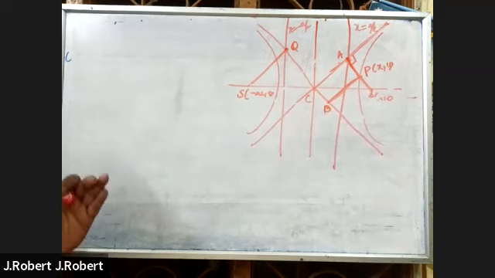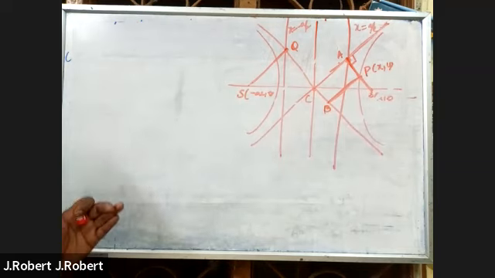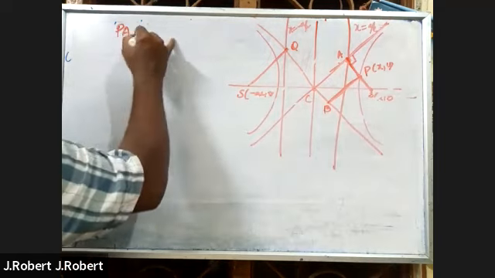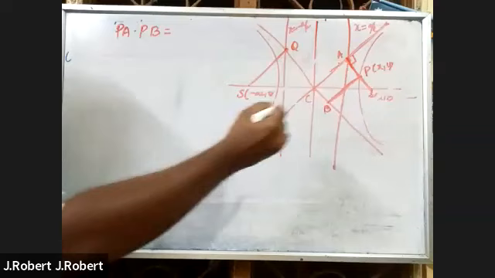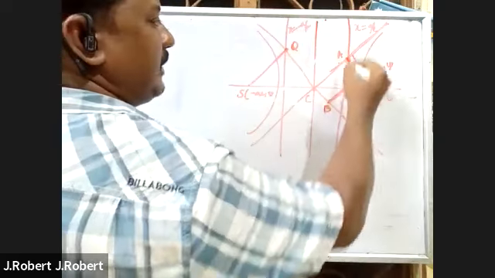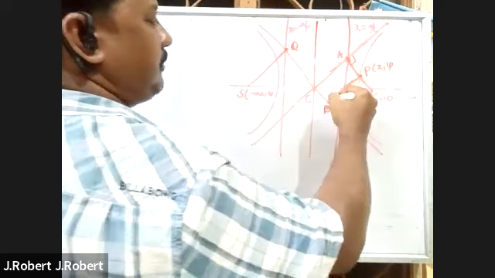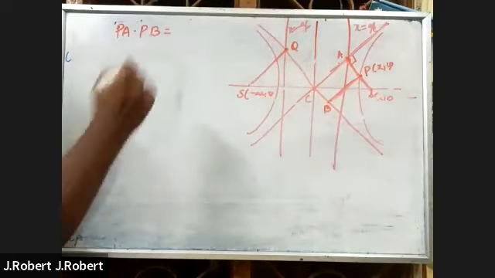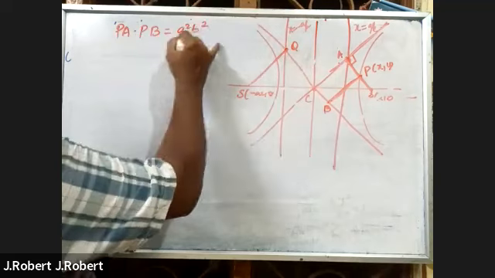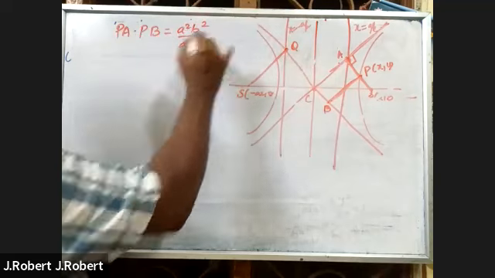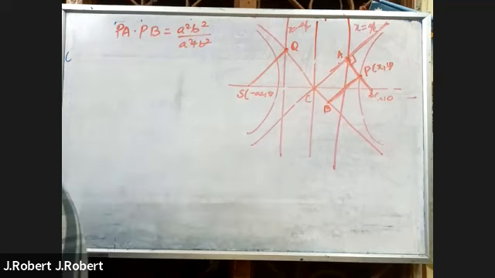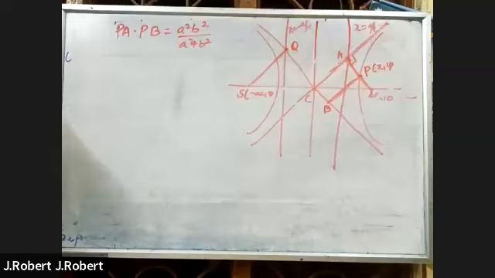The product of perpendiculars from any point on the hyperbola to its asymptotes is PA into PB. PA is one perpendicular, PB is the other perpendicular line. Therefore, PA into PB is equal to a square b square divided by a square plus b square. Okay? I have given both results. Now, based on this, see how they ask a sum.